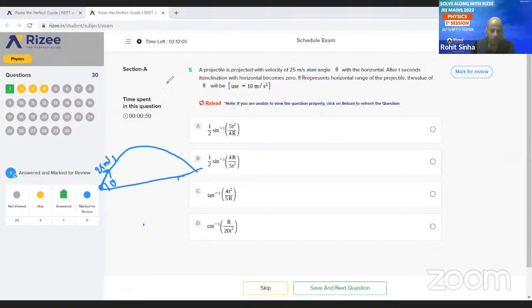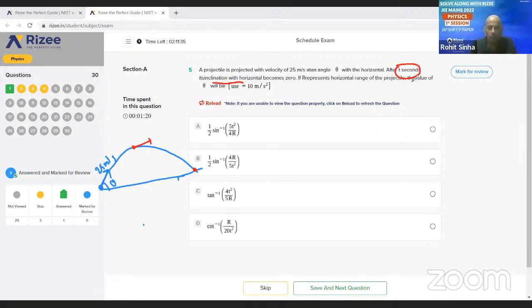Now you tell me when the inclination of the projectile becomes horizontal, at this point. After t seconds, the inclination becomes horizontal.